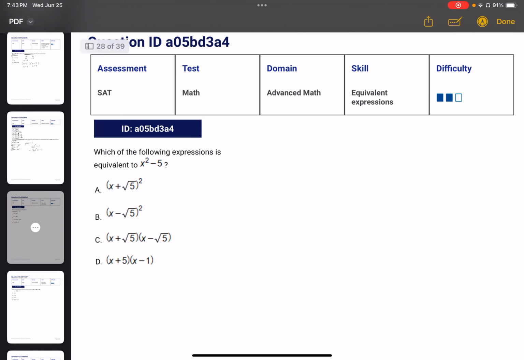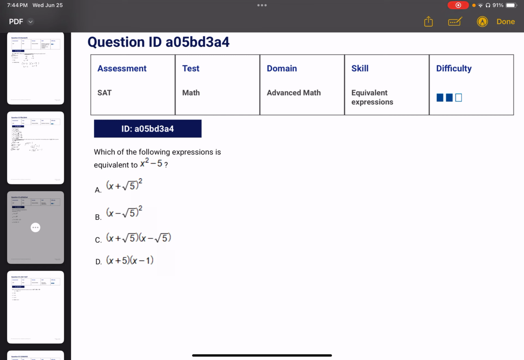Looking at the next one, we have another factoring question. Which of the following expressions is equivalent to x squared minus 5? Okay, so honestly, if you can't see it off the bat, I would just solve each one.